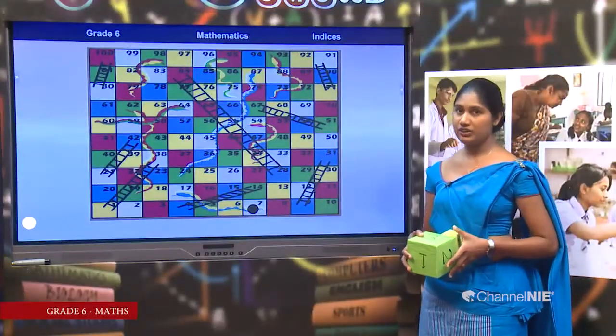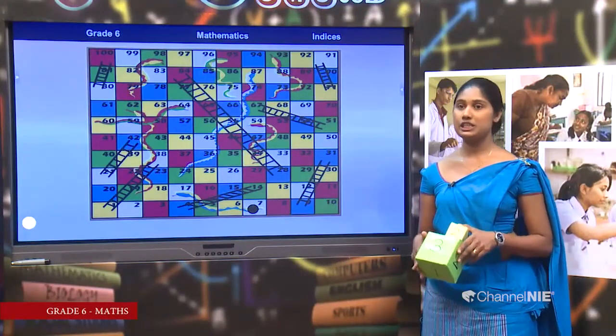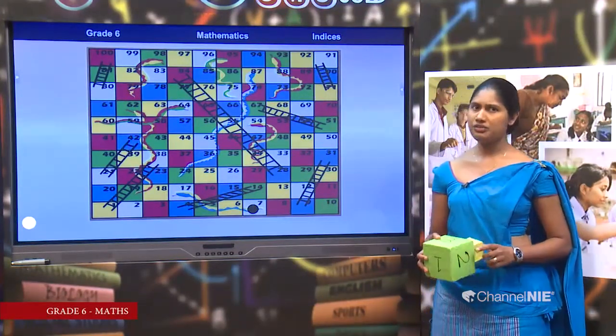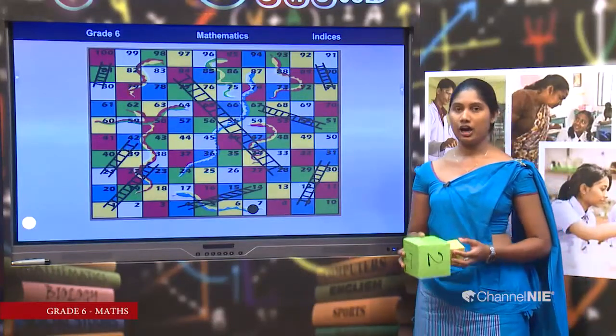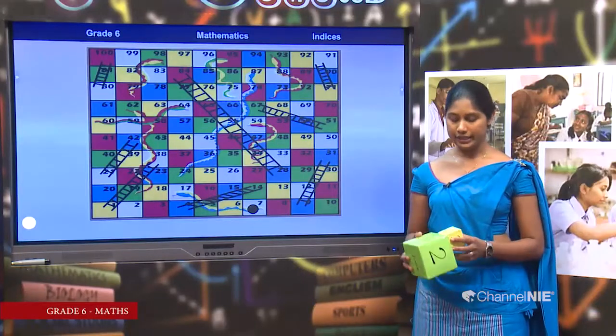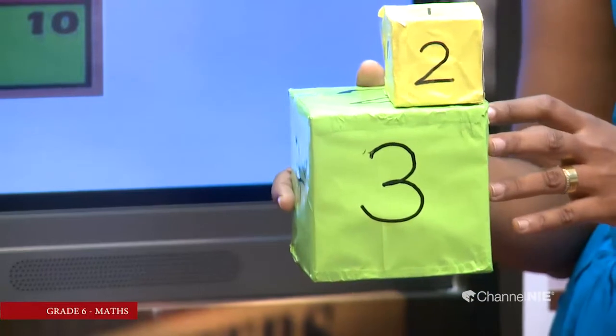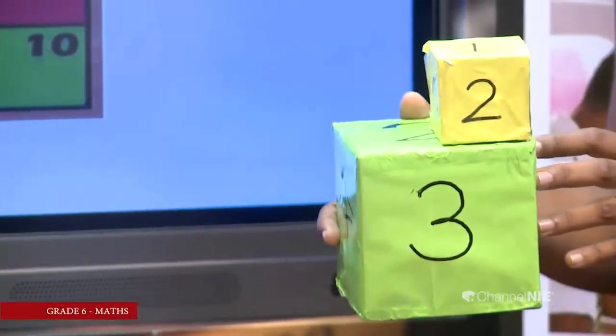Okay, my dear children, now you can do this game by using these 2 dice. If I found, after rolling these 2 dice, base is 3 and index is 2. That is 3 to the power 2.